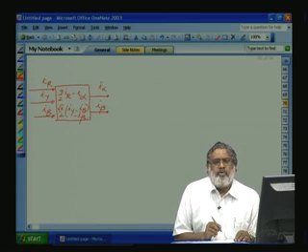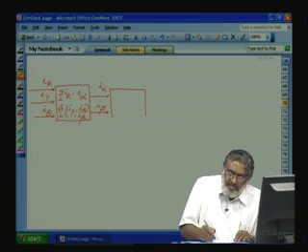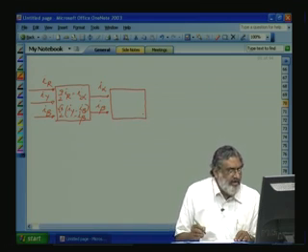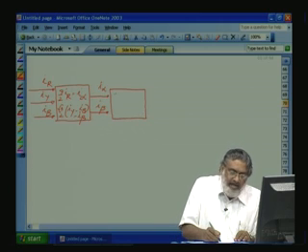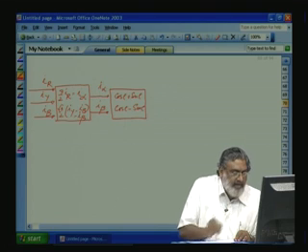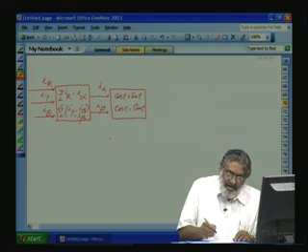Now, if we know the instantaneous position of the rotor flux, rho, then using this transformation, cos rho, sin rho and cos rho, minus sin rho, we will get ISD and ISQ.